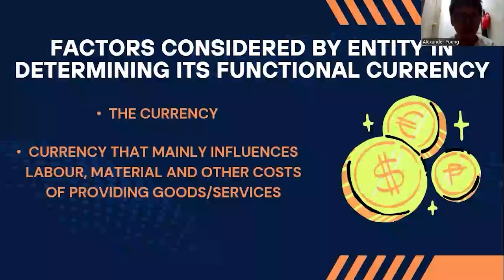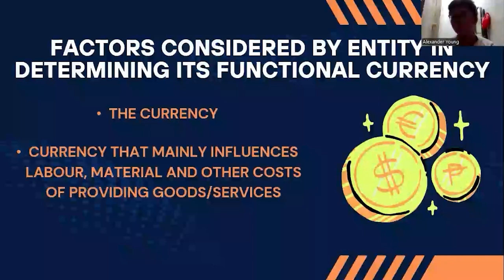And next one, the currency of the country whose competitive forces and regulations mainly determine the sales price of goods. So the country's regulation and policies can help us make decisions regarding our operation.